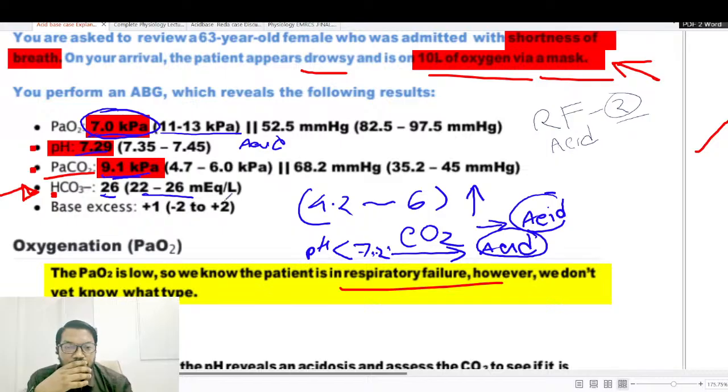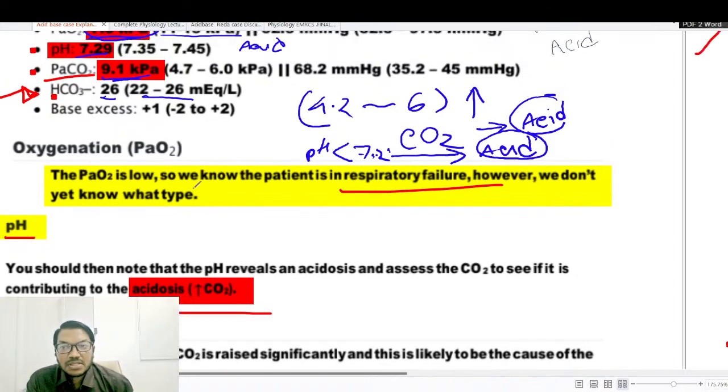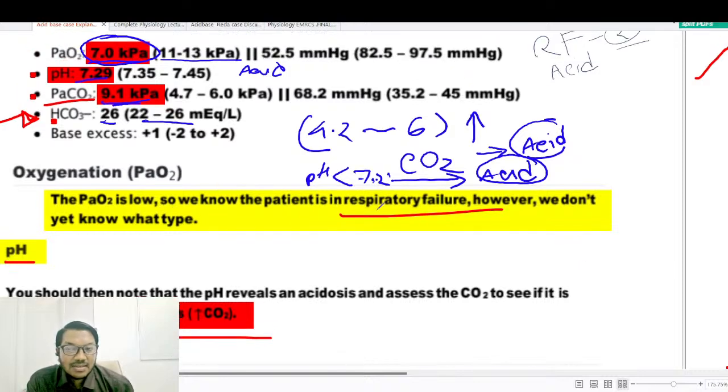Partial pressure of oxygen is low, so we know the patient is in respiratory failure, and we don't know yet what type, because respiratory failure can be type 1 or type 2.